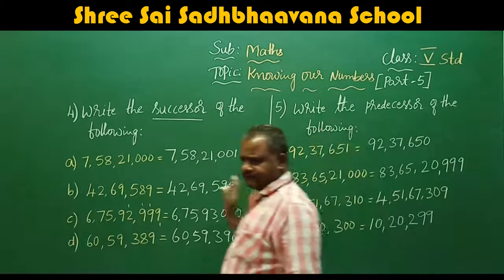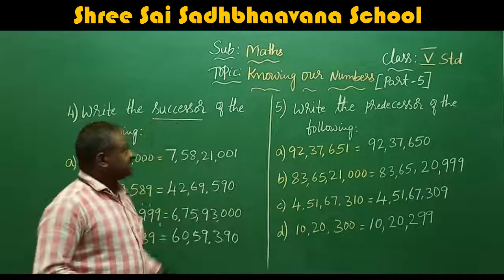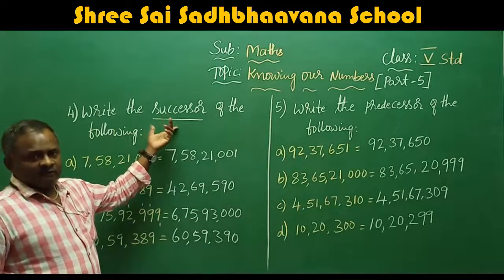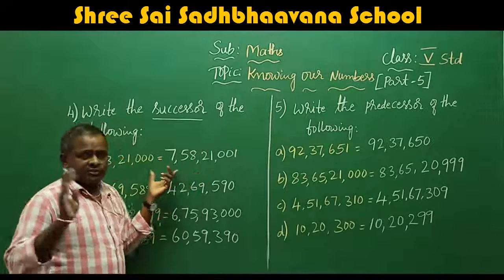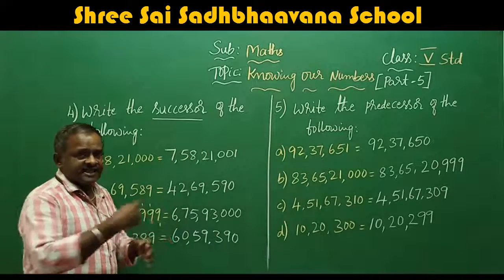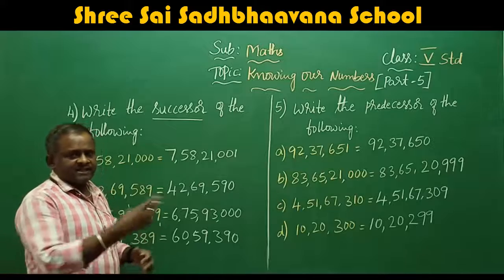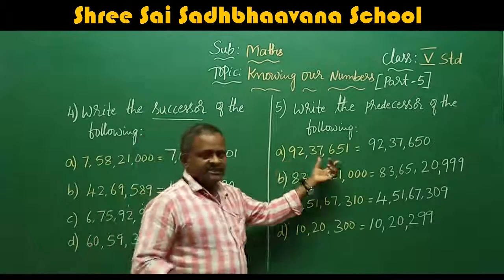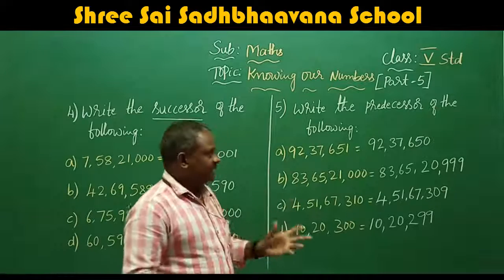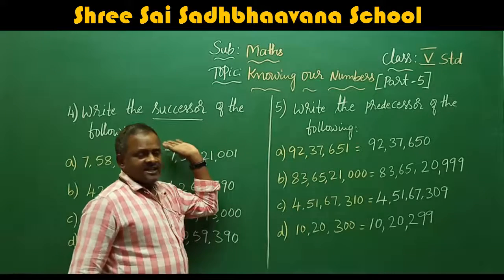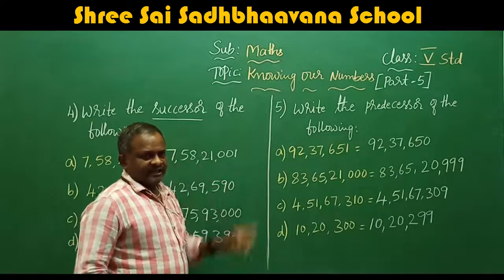Very simple problems. Successor means adding 1, predecessor means subtracting 1. Successor is the next number, and predecessor is the before number. Okay, next we will continue.